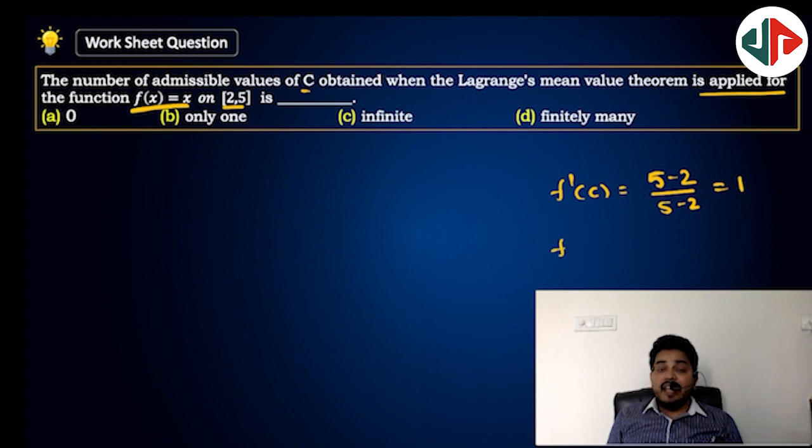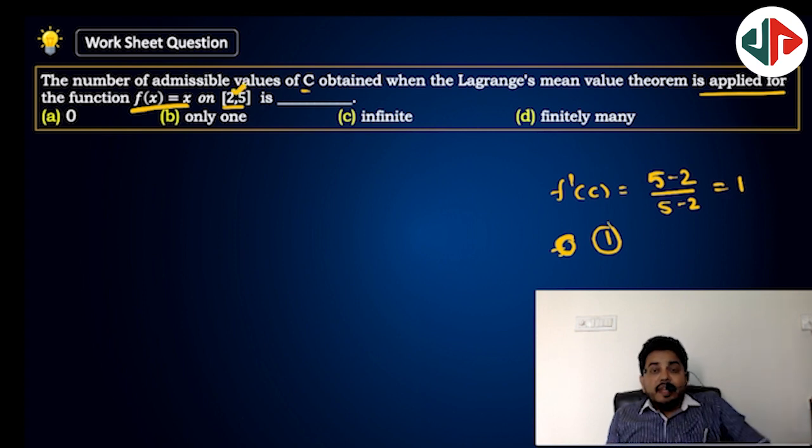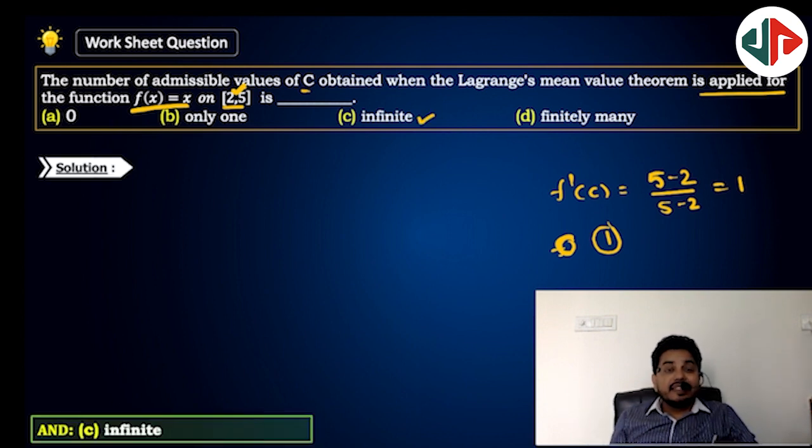So here f dash of c is equal to 1 always. Every value from x is equal to 2 to 5 satisfies this. So infinitely many points satisfy Lagrange's theorem, because y is equal to x is the curve, and every point is the tangent itself.